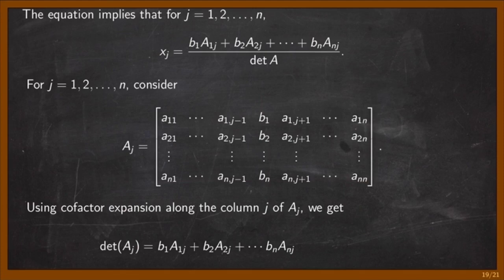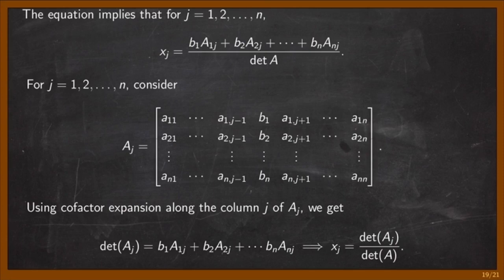And that turns out to be the numerator of x_j. Hence, x_j now has the formula determinant of A_j divided by the determinant of A.